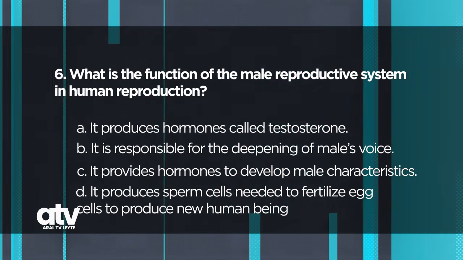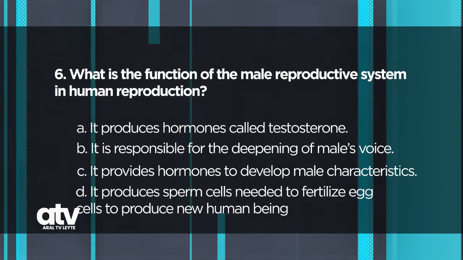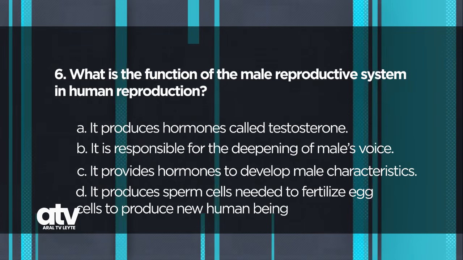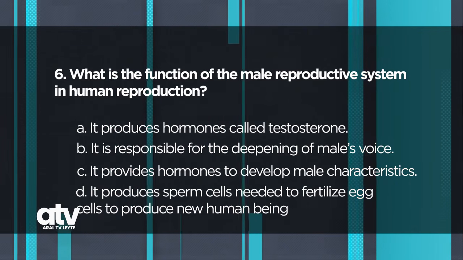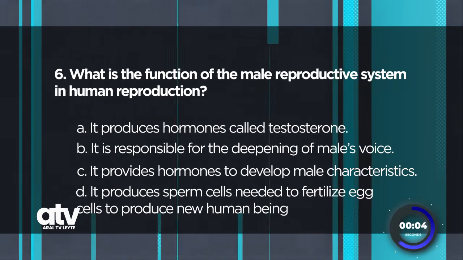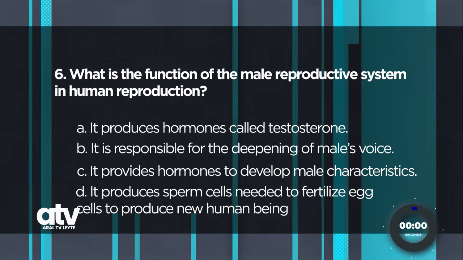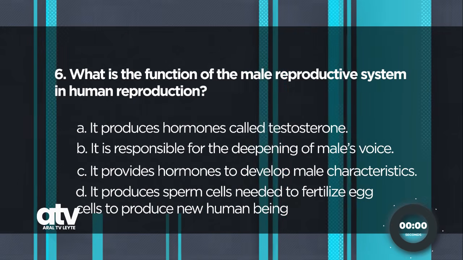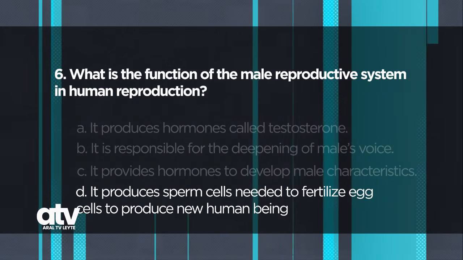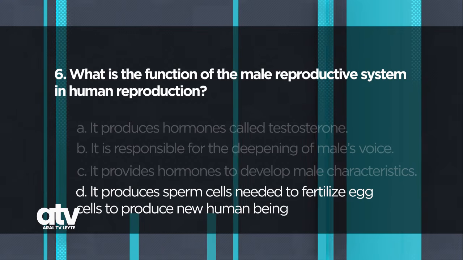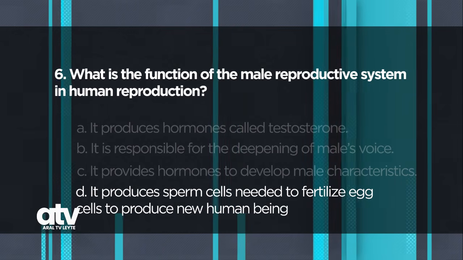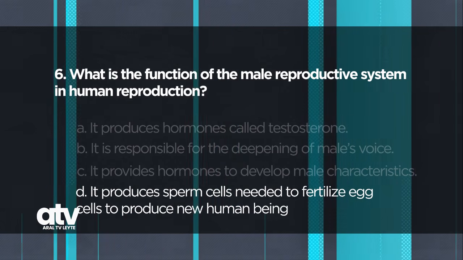Letter D. It produces sperm cells needed to fertilize egg cells to produce new human. The correct answer is letter D. It produces sperm cells needed to fertilize egg cells to produce new human being.